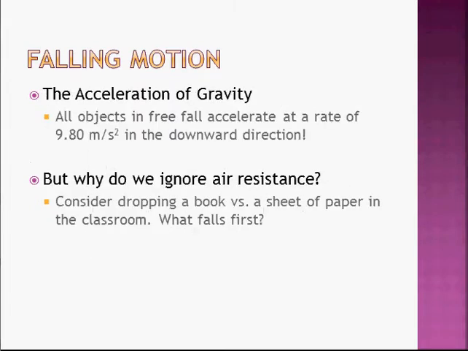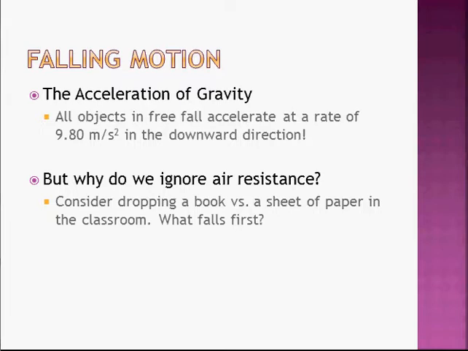Now, with the acceleration of gravity, we actually have a value for it, and we can verify this through various experimental procedures. And the value is, we found, that when an object is in free fall, objects will accelerate at the Earth's surface at about 9.8 meters per second squared in the downward direction. This is an acceleration. We said accelerations have a size and direction.